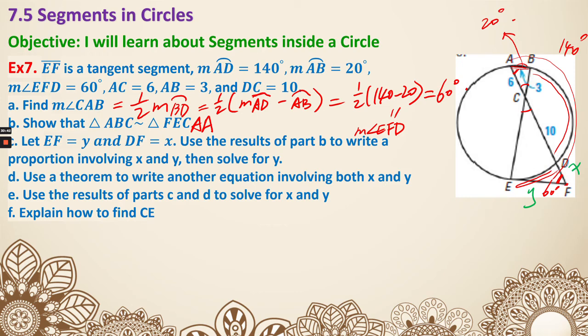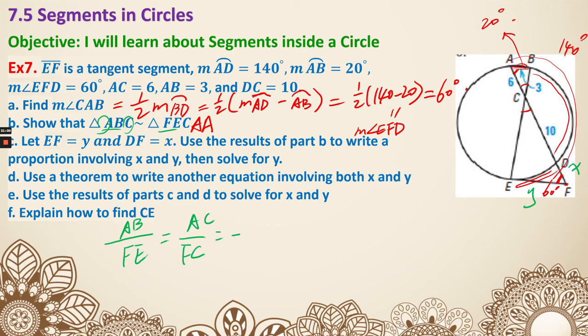The triangles being similar gives us AB over FE, corresponding parts, is the same as AC over FC.